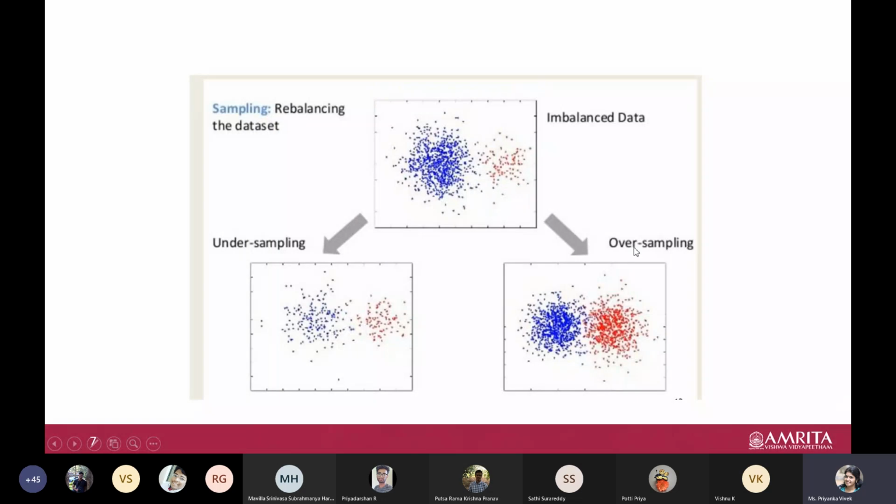Either undersampling or oversampling. After undersampling, you can see that far fewer blue points remain, as we have removed some samples from the blue, the majority class. Whereas with oversampling, the minority class, which was red, is now increased. So now we see a similar number of samples in both classes.